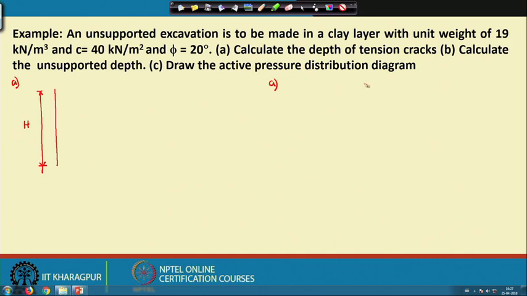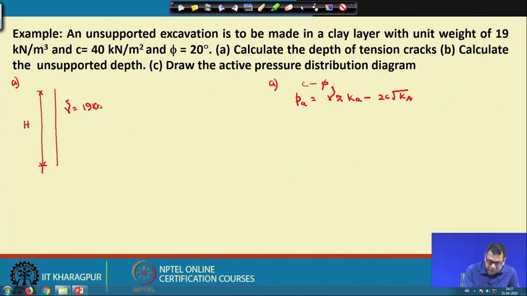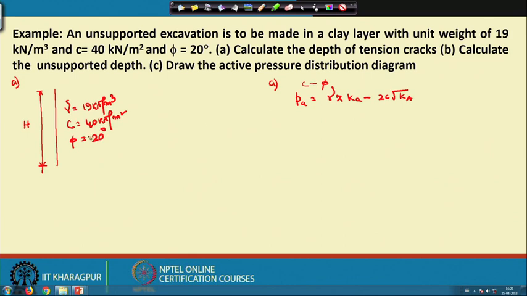The depth of tension crack. It is a c-phi soil, so the expression of Pa is equal to gamma into Z into Ka minus 2c root over Ka. This is for the active condition, and the values are given. Unit weight is 19 kilonewton per meter cube, c value is 40 kilonewton per meter square and phi value is equal to 20 degree.